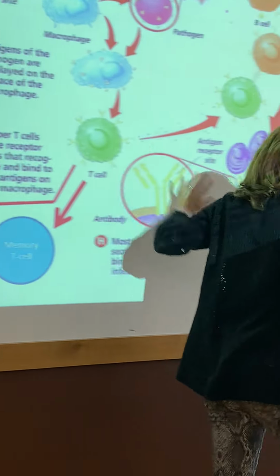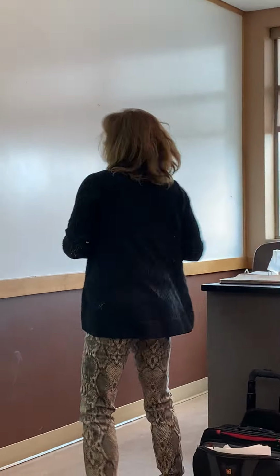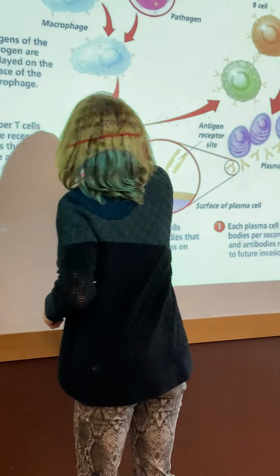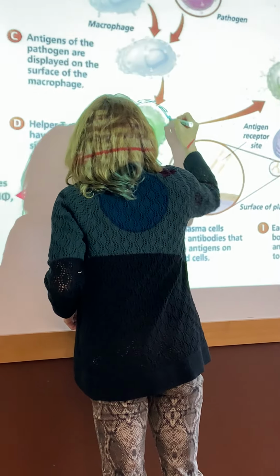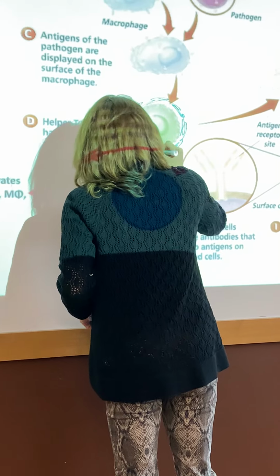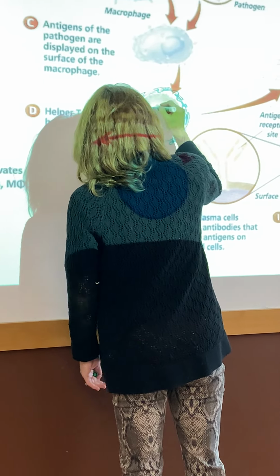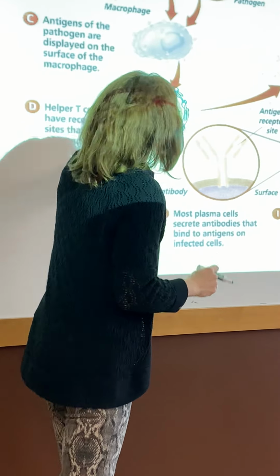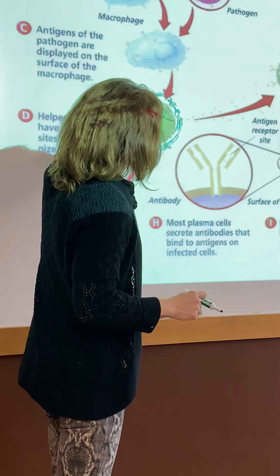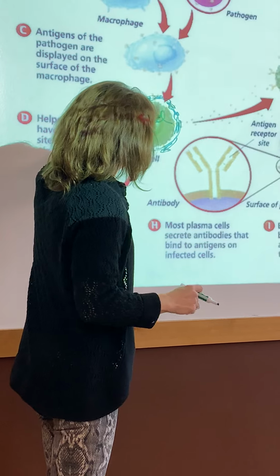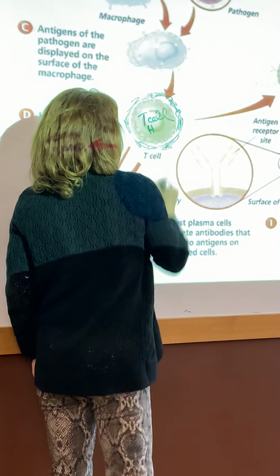So pretend that these aren't there. We'll just give them a little fuzzy outside, right? So there's our T cell. It gets presented the antigen, and now that's our helper T cell.